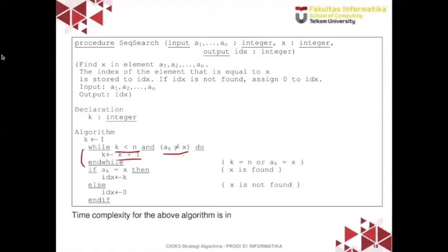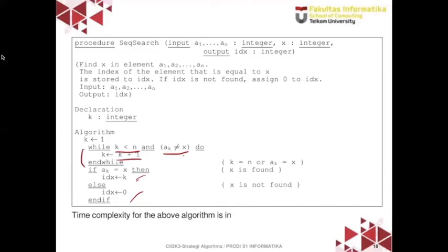And if k equals n, we check if ak is x or not. If yes, then idx is k, or otherwise it means that we don't have x in the list, so x is not found.